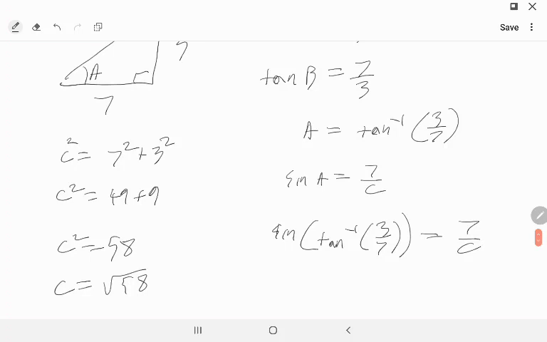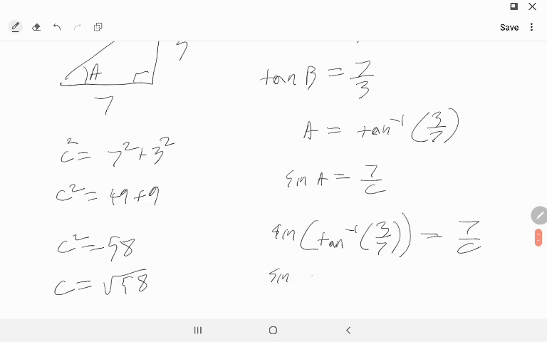So we can go back to our calculator. We can find out that 3 divided by 7 is going to equal approximately 0.4286.